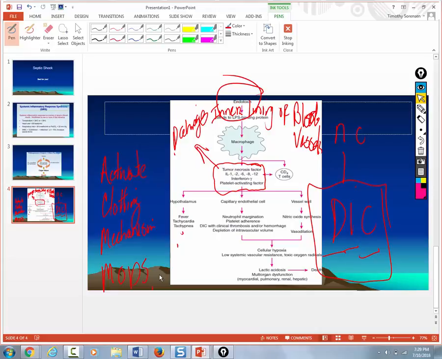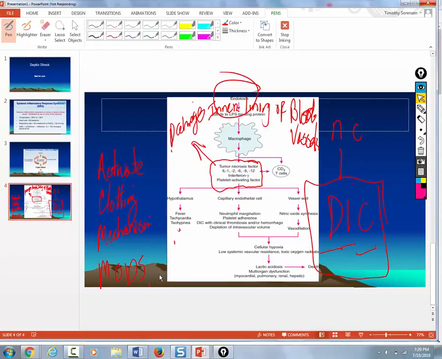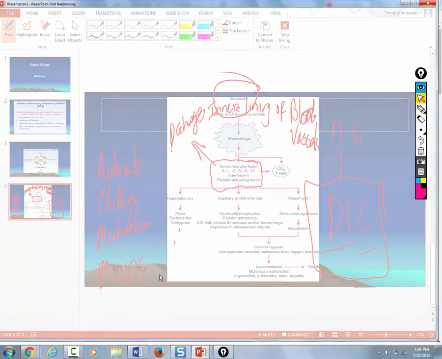Now, watch. If you can't get oxygen because of these small blood clots all over the place, what's going to happen to metabolism in the tissues? Will you be able to make ATP aerobically? So those cells will switch to anaerobic metabolism, and what's the byproduct?